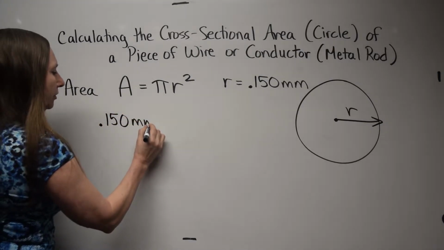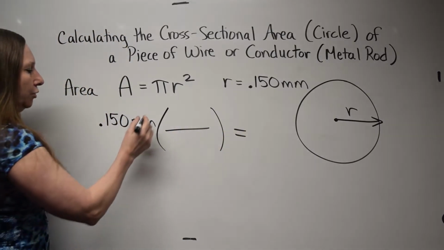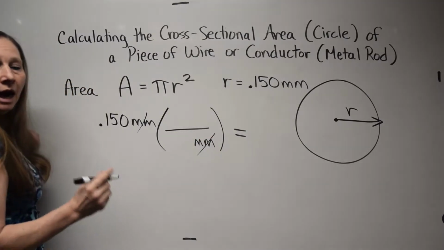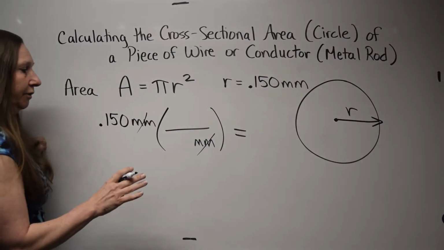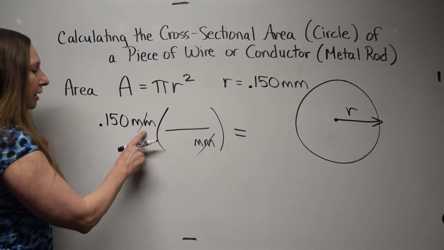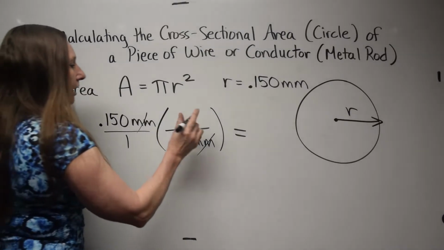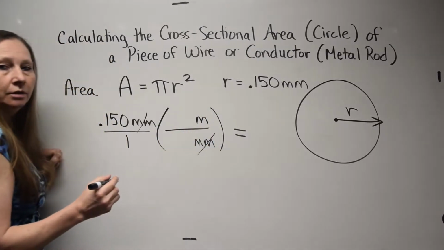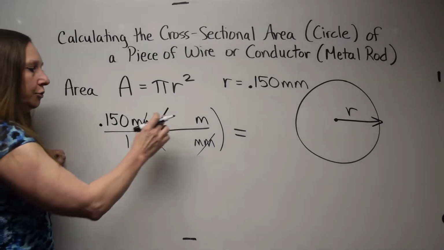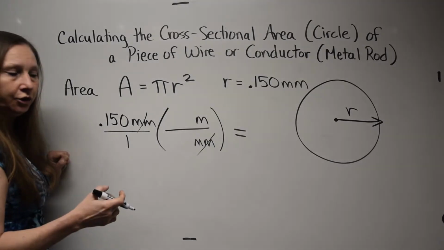0.150 millimeters, we're going to convert that to meters. You want the millimeters to go away, so you put millimeters at the bottom. I like to get all the units straightened out first before I put in any numbers. Remember, this is really over 1. Then on top here, you want meters. In this parentheses, the numerator and the denominator must equal each other.